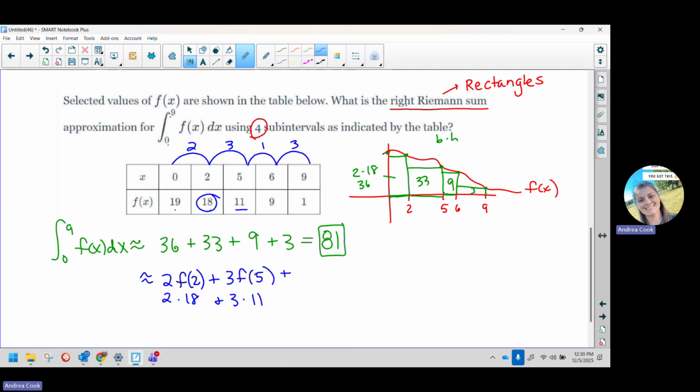The next base is 1. Height would be f of 6, which is just 1 times 9. And then my last rectangle is 3 and f of 9, which is 3 times 1.